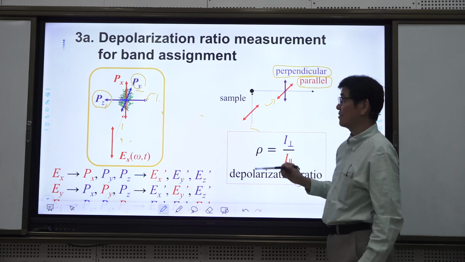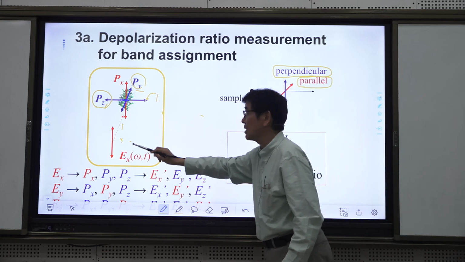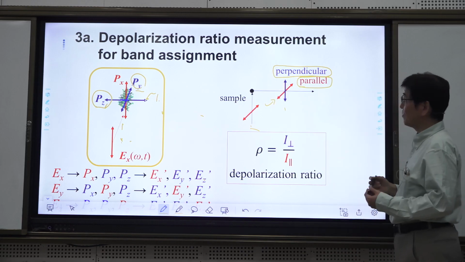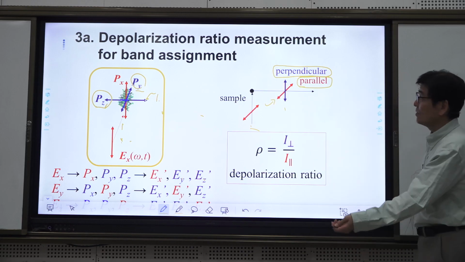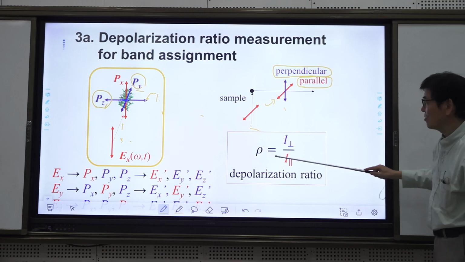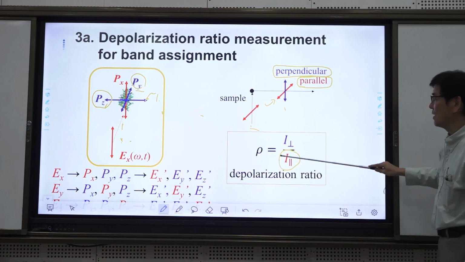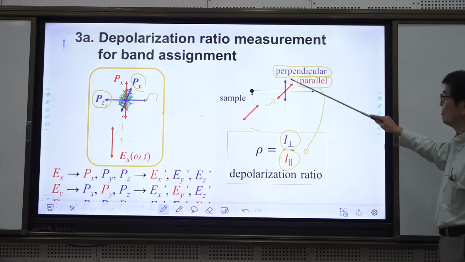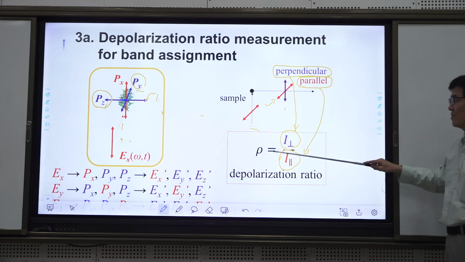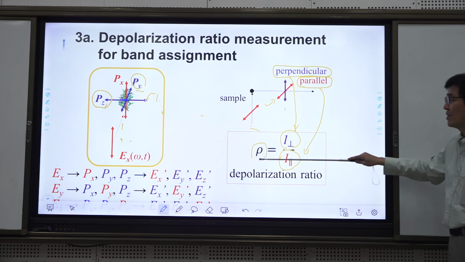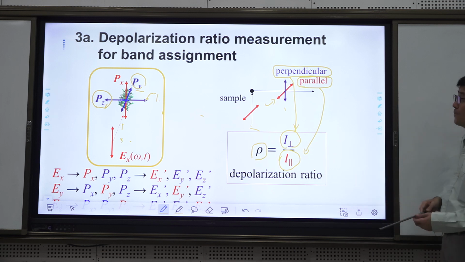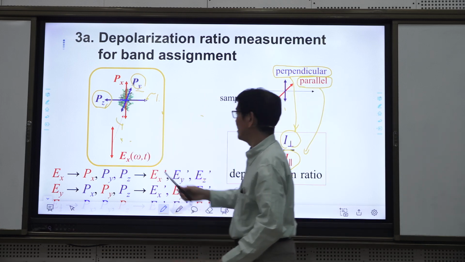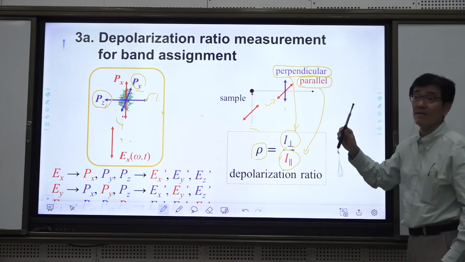So Raman scattering is sometimes accompanied by a change in polarization. And the ratio of the parallel component and perpendicular component is the so-called depolarization ratio, which indicates how largely the polarization changes.